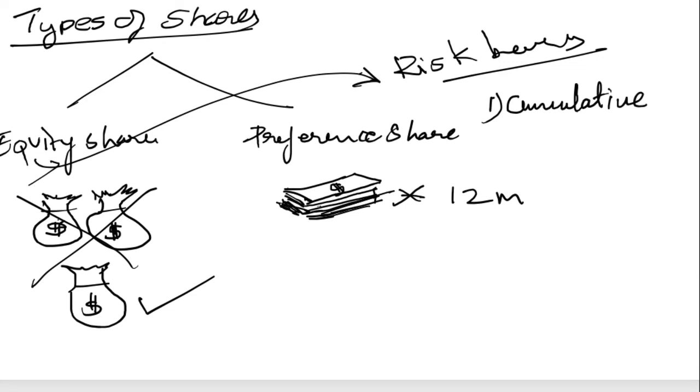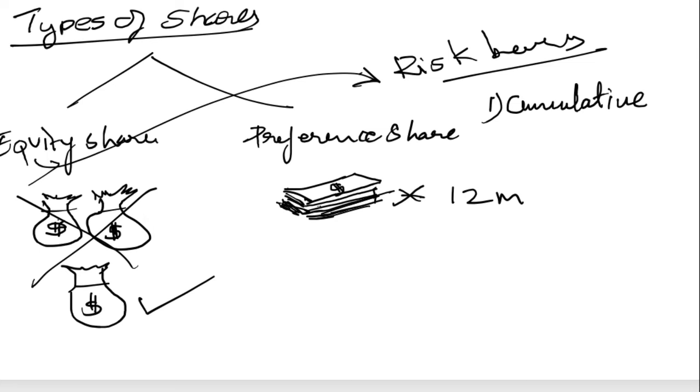The holders of cumulative preference shares have a right to claim a fixed dividend in all years. If in a particular year there is no profit, the preference shareholders can claim that year's dividend out of the next year's profit. The dividend payable on these shares goes on accumulating till it is fully paid off.